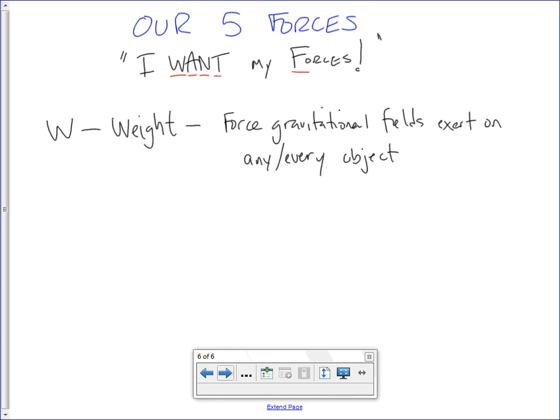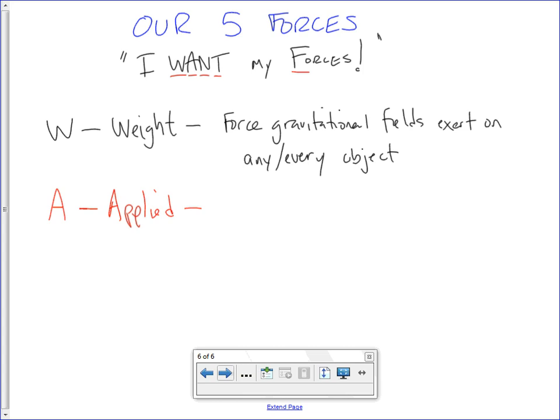Give me an A. A. Give me an N. N. So A. What's an A force? People say acceleration. Well, acceleration is not a force. Acceleration is the rate of change of velocity. Acceleration is not a push or a pull. It's the result. It can be the result of a push or a pull. All right, so A, this is what we use to abbreviate applied force.